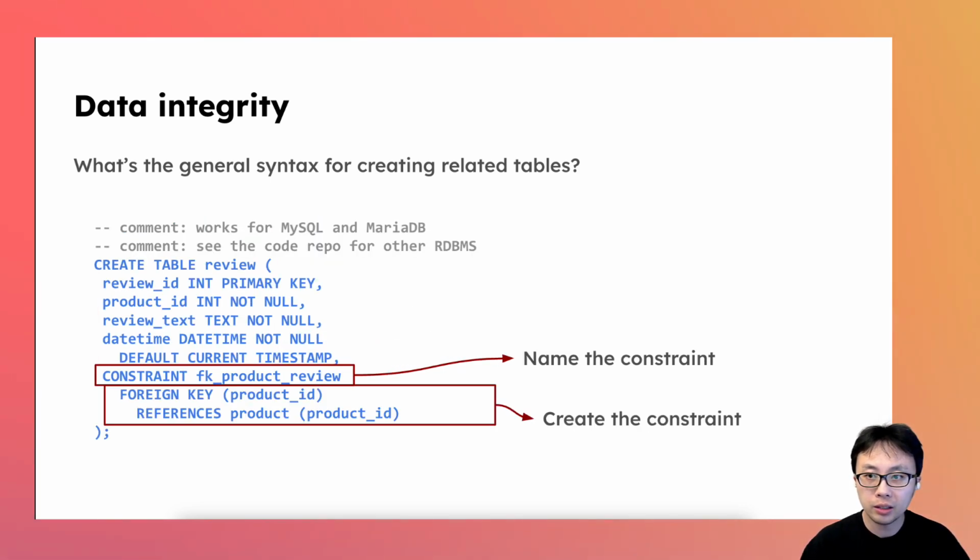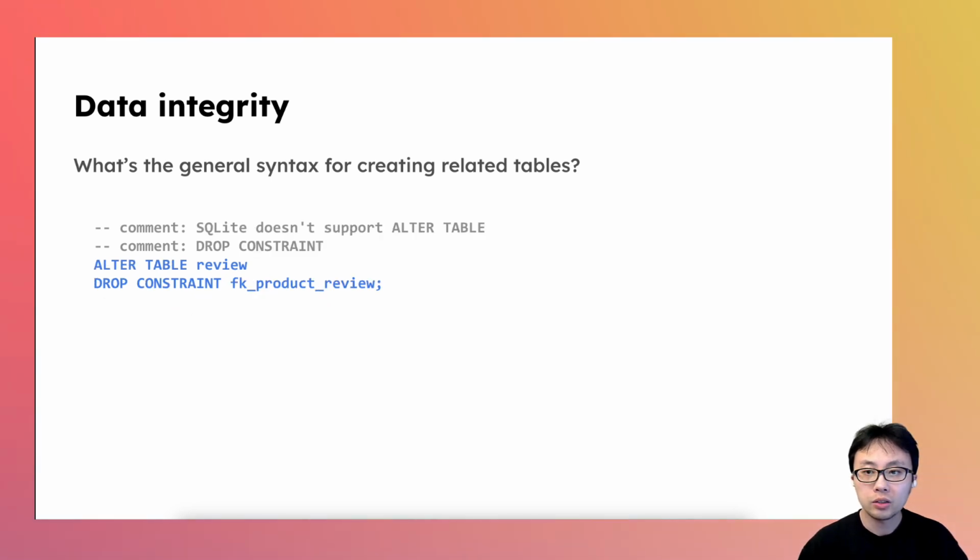For example, in this example that you see here on the screen, we name the foreign key constraint in the review table as fk, short for foreign key, then product, then review, concatenated by underscore. As you can see, foreign key, then product table, then review table. That's how the name is made. If you ever need to drop this constraint, you can access the constraint via this name, like what you see here on the screen.